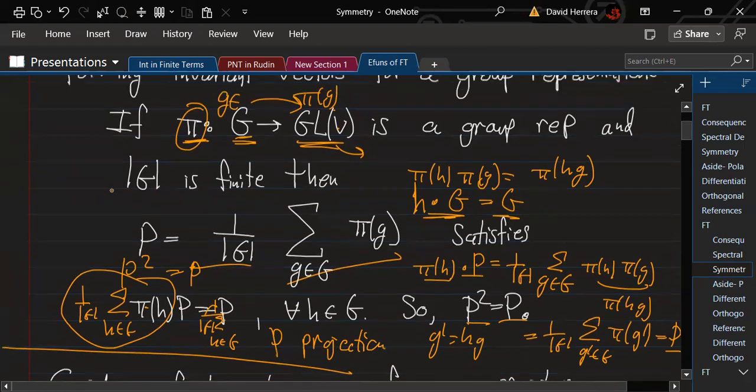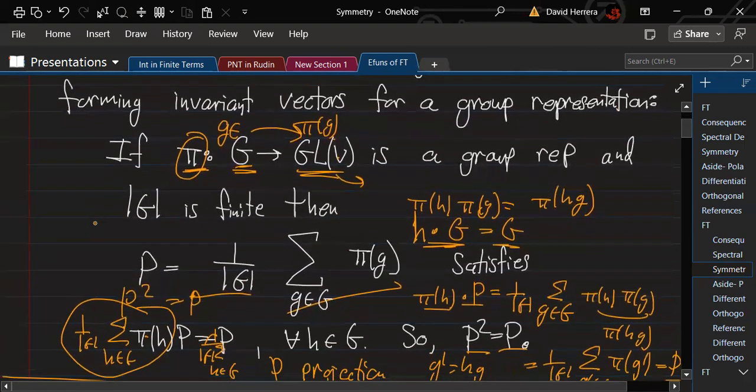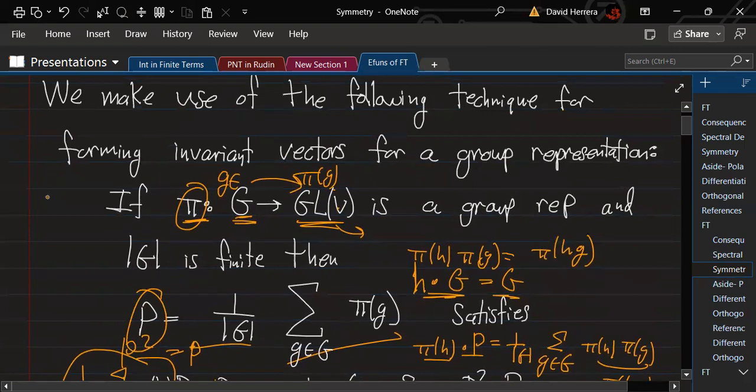As far as representation theory is concerned, if you have a nice field, this is an abstract idea where P is a projection, and it's used in some of the representation theory.